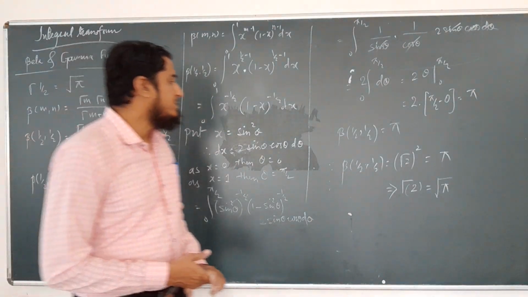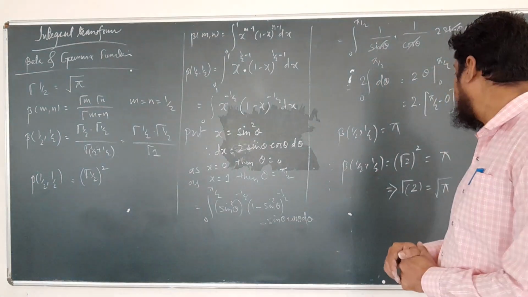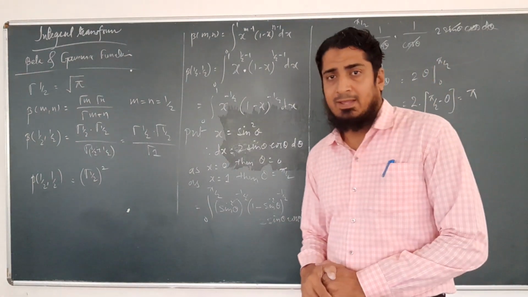So always remember gamma of 1 by 2 is always root pi.